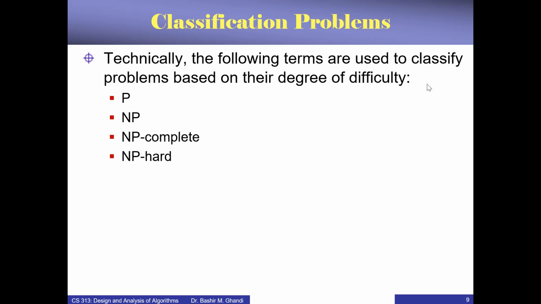We're going to take each of these terms one by one and explain what it is. Of course, the ordering here is in the order of difficulty. So P are the easiest, then NP, then NP-Complete, and then NP-Hard.